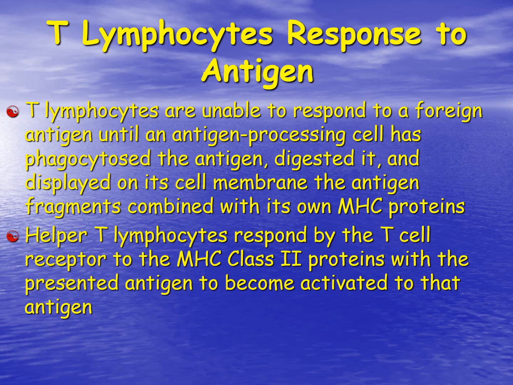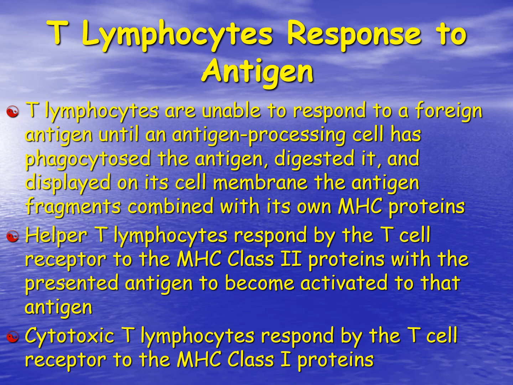The helper T lymphocyte responds by its T cell receptor and the CD4 receptor to the MHC class II proteins with that presented antigen. This will now activate or sensitize this T helper cell to that specific antigen. This T helper cell will now undergo clonal expansion, and every subsequent generation of that sensitized T cell will also be sensitized to this specific antigen.